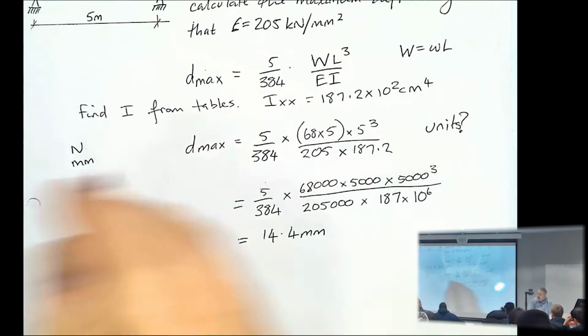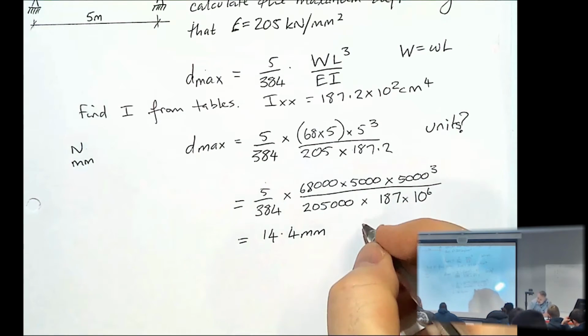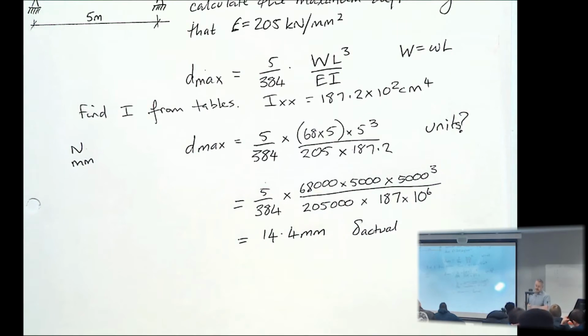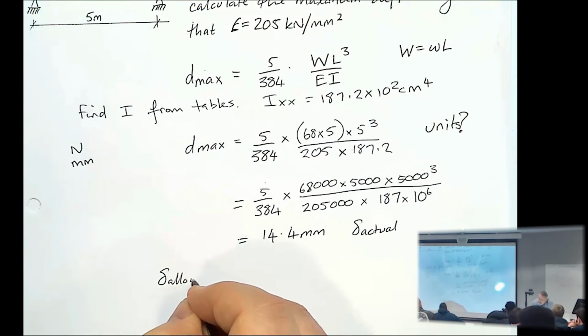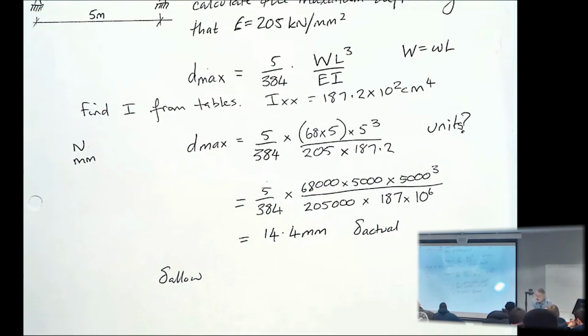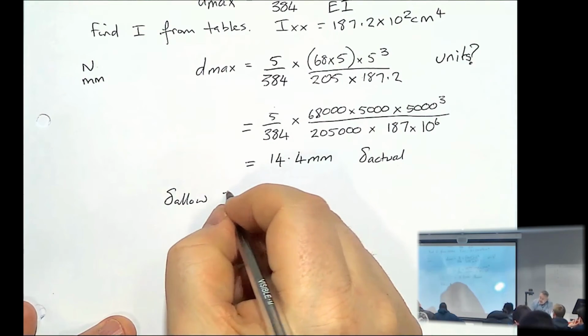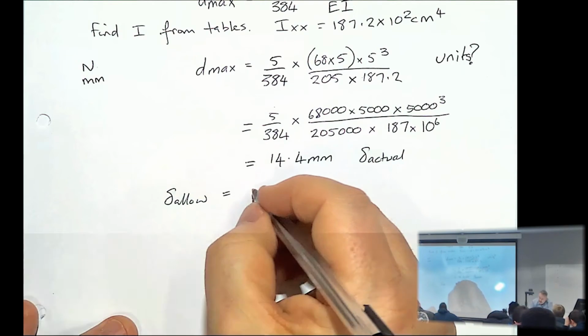.4 millimetres is what you should come to with your calculator. That there is the actual deflection. You can compare this to the allowable deflection, and it would say within the question itself that the allowable deflection is 1 in 360.